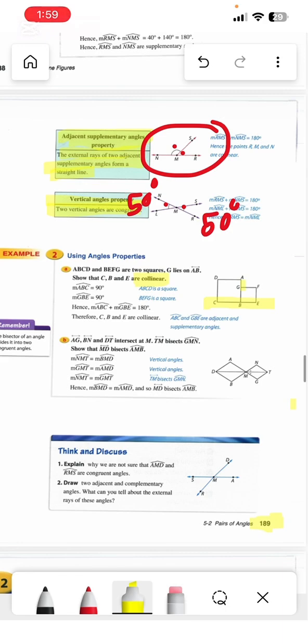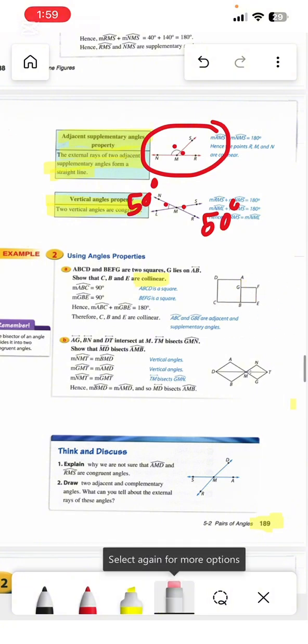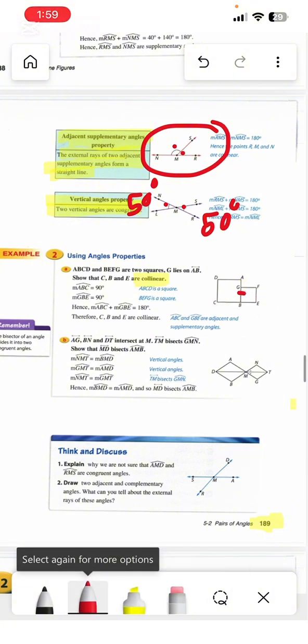So, we have the measurement of ABC. This angle is 90 degrees. And also GBE is 90 degrees. So when I add them, ABC plus GBE, we get 180 degrees.